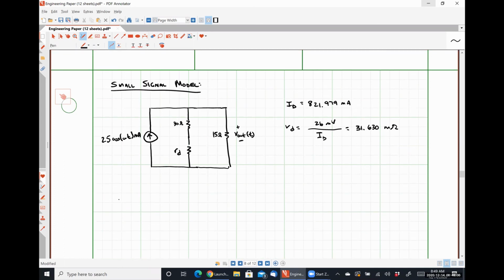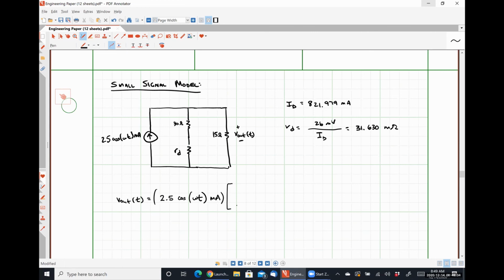So V out is going to be our current, 2.5 cosine omega t milliamps times the total resistance seen by the current source. I'm doing it the lazy way, so just going to use Ohm's law here.